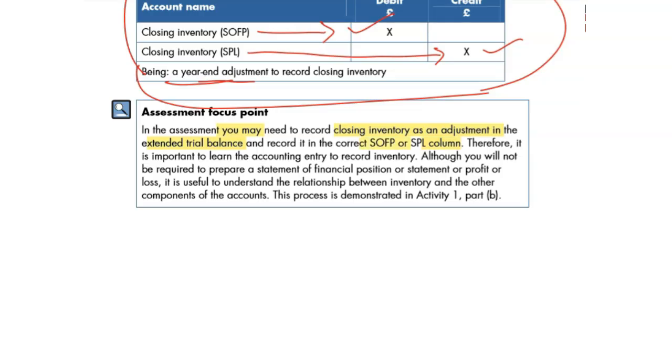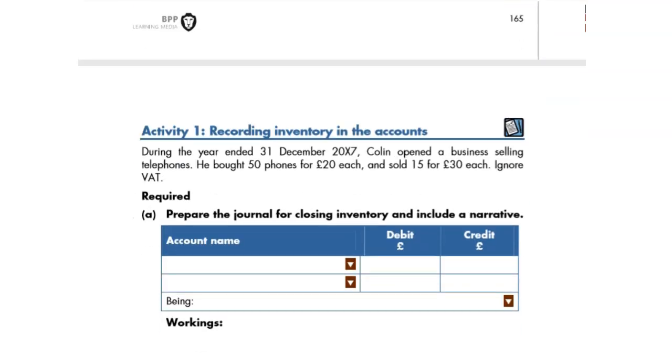Therefore, it is important to learn the accounting entry to record inventory, and when to record it as a current asset in the SOFP and when in the SPL. Although you'll not be required to prepare a statement of financial position or a profit and loss account, it is useful to understand the relationship between inventory and other components of accounts. This process is demonstrated in Activity 1, especially Part B. Check it out, Activity 1.